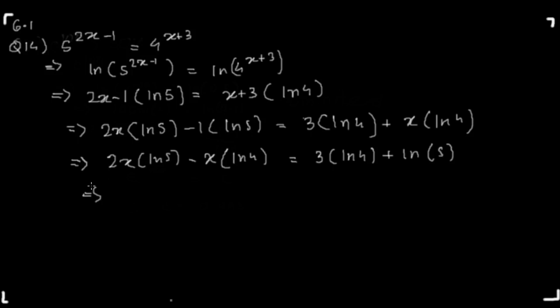From here we can factor out the x. So we get x times (2 ln5 minus ln4), because we're basically factoring it, is equal to 3 ln4 plus ln5.